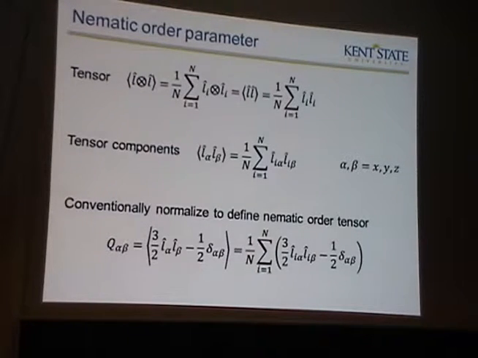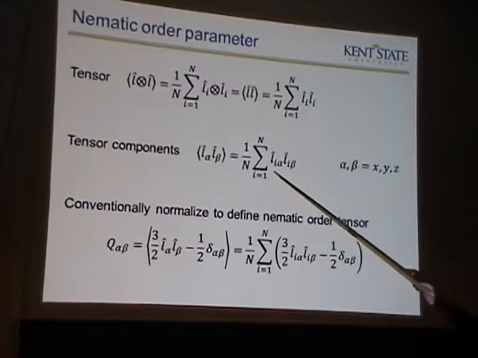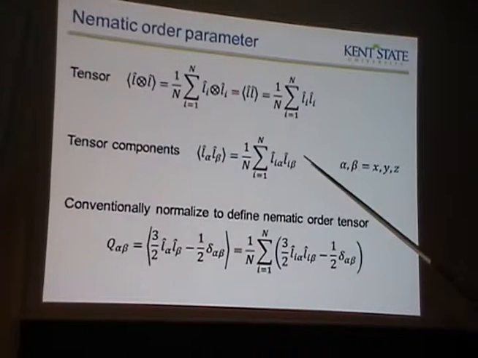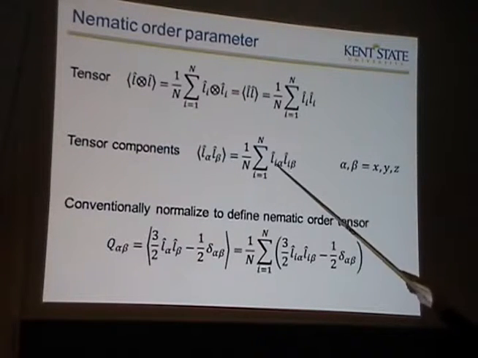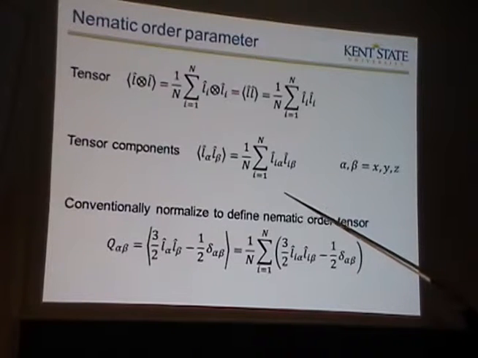It's an inherent part of describing a phase with this kind of ordering, where half the molecules are pointing this way and half the molecules are pointing that way. So this kind of average tensor would be a good representation of the nematic order.